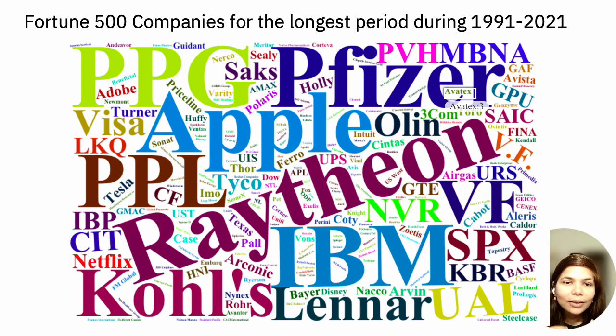So this indicates that as a world we are evolving. Of course, there is Pfizer, there is Raytheon, there is PPL, there is PPG, but then look at the number of technology companies who have been on the Fortune 500 list for such long times during this period. It says something. As a world, we have evolved so much, right?